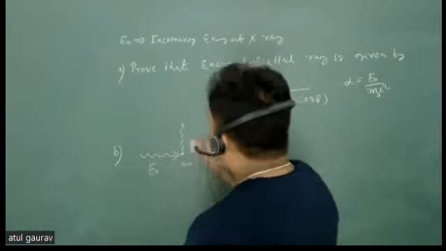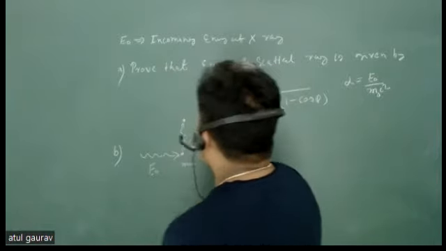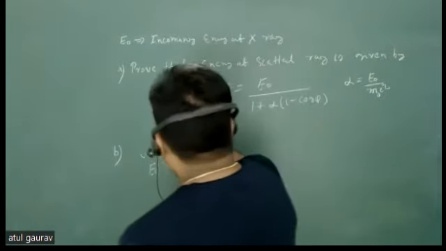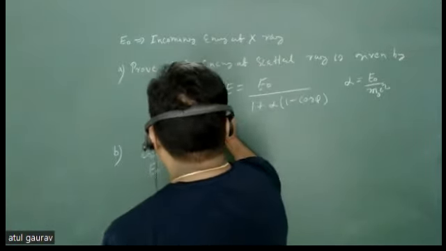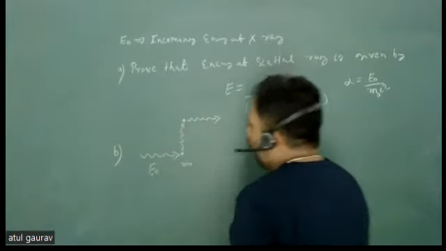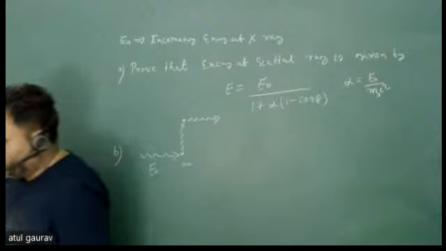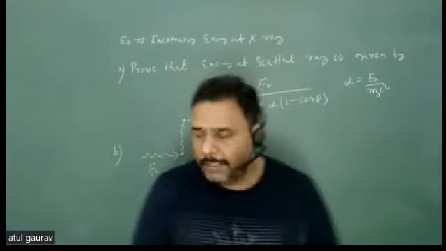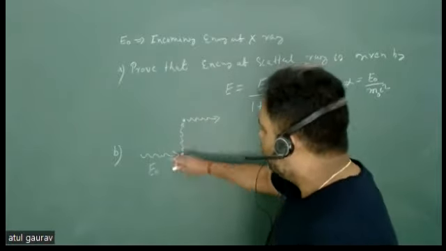After that, it will strike another free electron and again be scattered at 90 degrees. So there are two consecutive Compton effects. Are you getting my point?